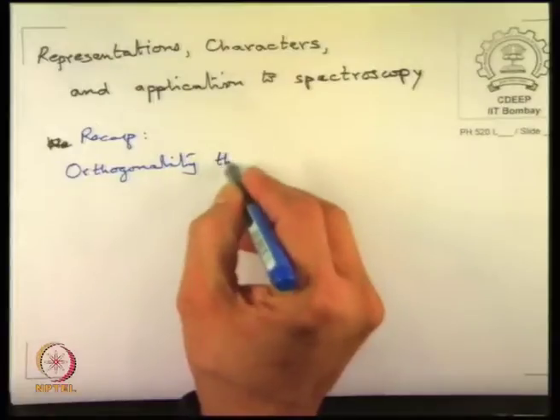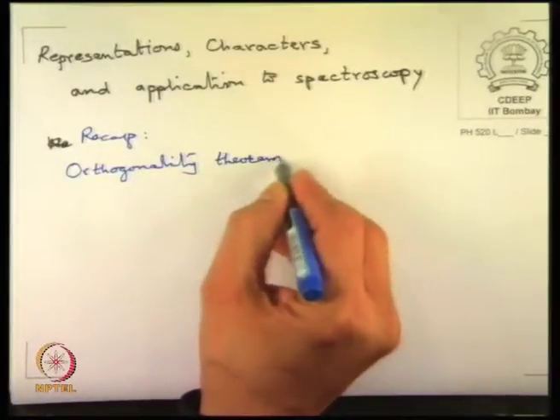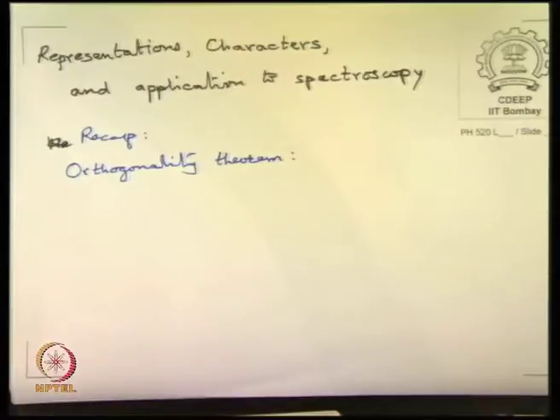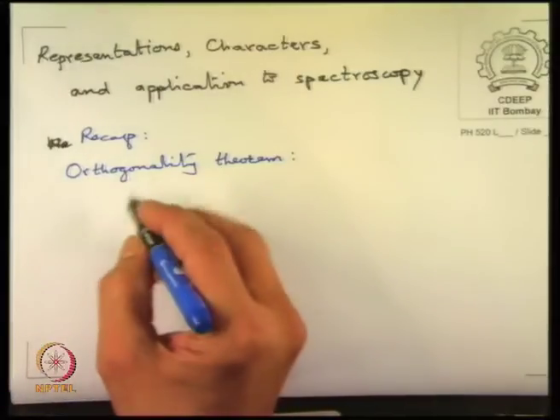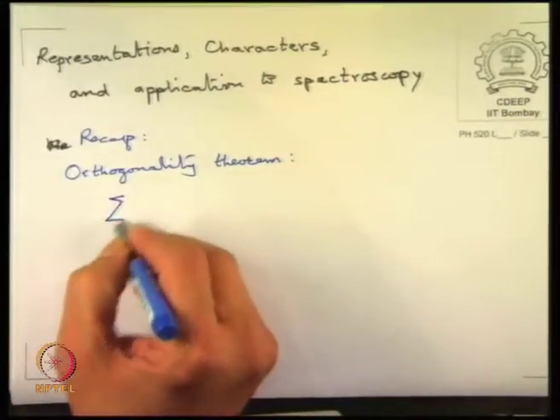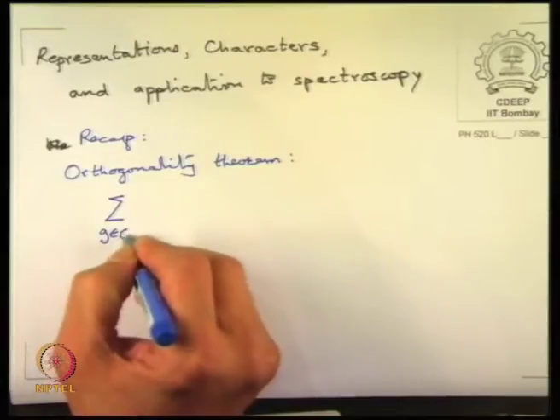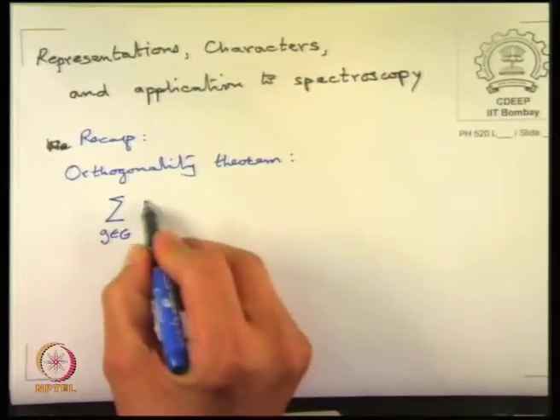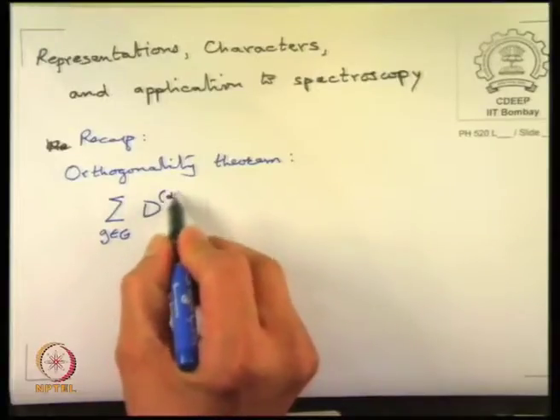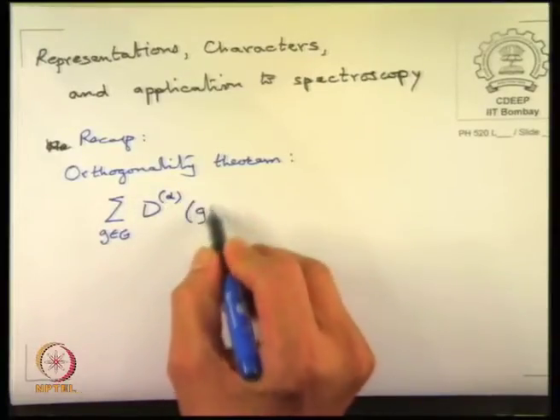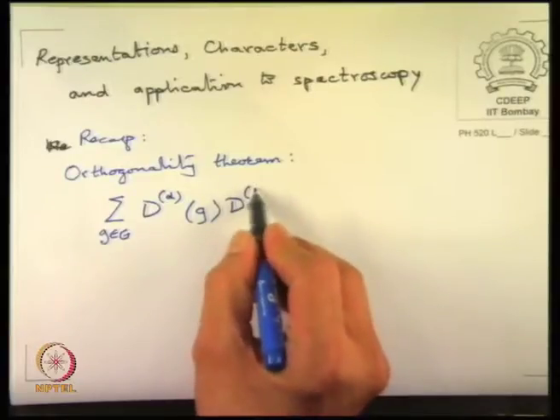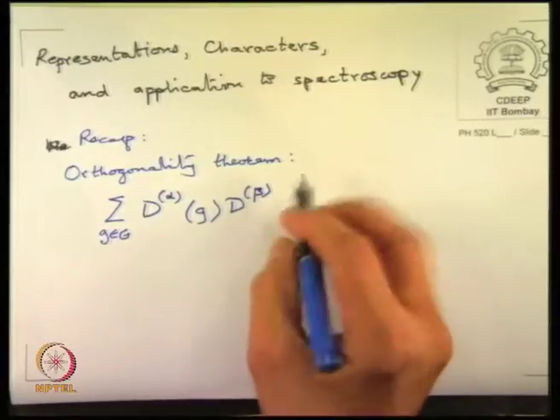So let us write once the orthogonality theorem in its most general form, based on which, for deriving which, Schur proved his lemma. So sum over all g belonging to G. Suppose we have a representation D alpha of g, and we have another representation D beta, and we will take star.